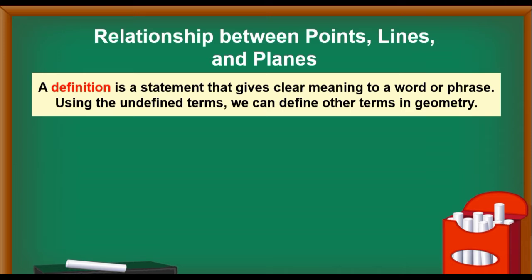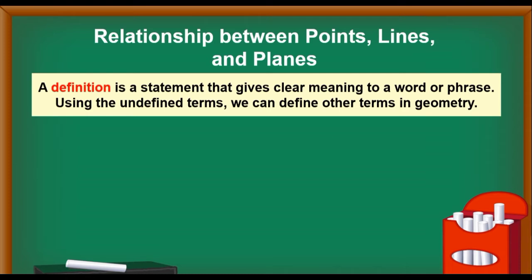So, tandaan po natin yung mga word na definition. Okay? Yung mga theorem. Yan, maririnig nyo yan sa mga susunod na geometry natin. Pag sinabing definition, dinedefine natin yung isang word. So, nag-give those ng clear meaning sa ating word or sa ating phrases. Samantalang, yung mga undefined terms naman natin ay nagbibigay ng other terms sa ating geometry.